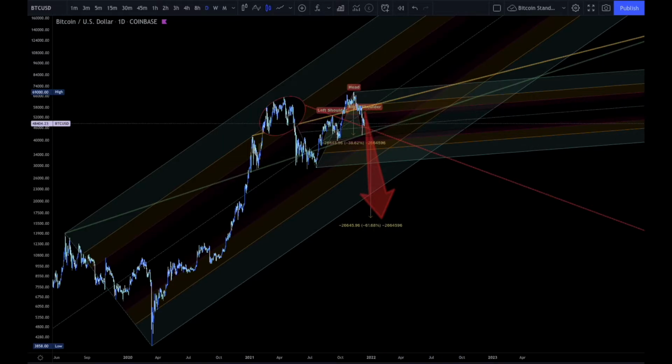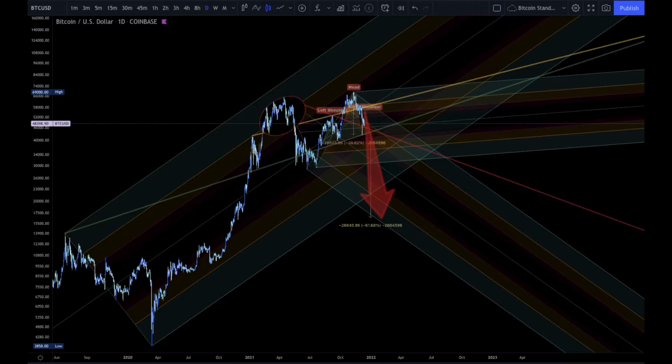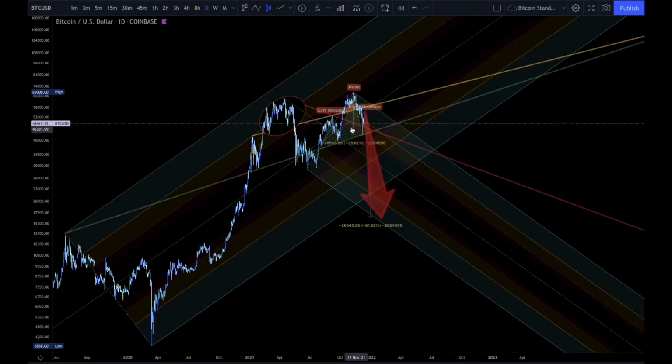And so as we continue down, the next trend that we would be falling into as we fall out of that one is this trend, also having as its anchor point the previous high from this region here. And if we fall out of that trend, we would be inside of this trend, and price action on this pattern would bring us all the way to the bottom of it.